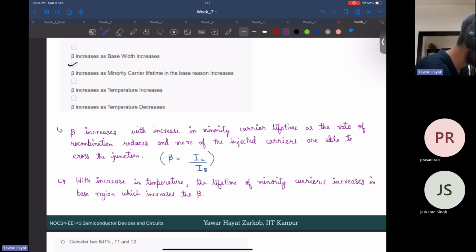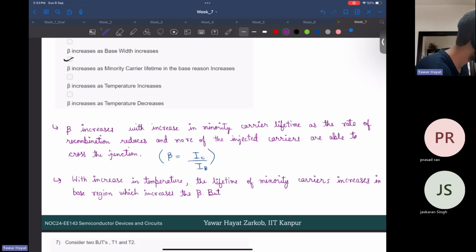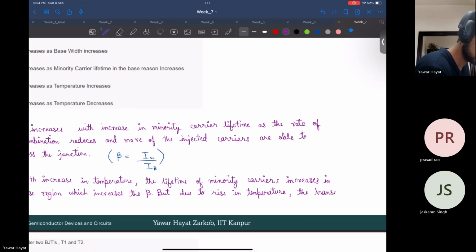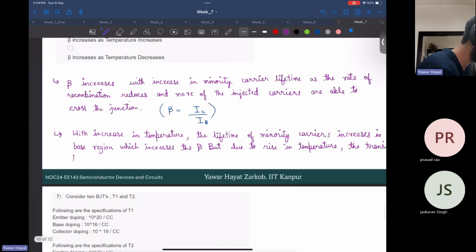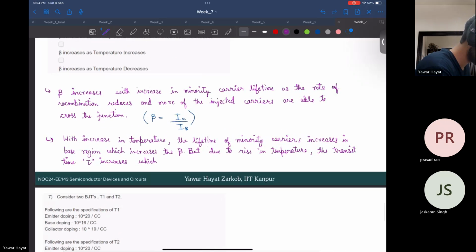So let's continue the sentence. So, but with rise in temperature the transit time, your tau, right, increases, which reduces your beta.